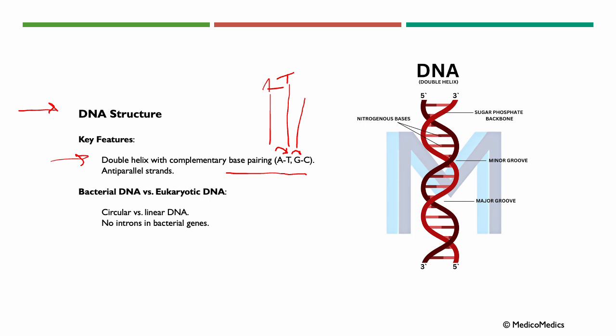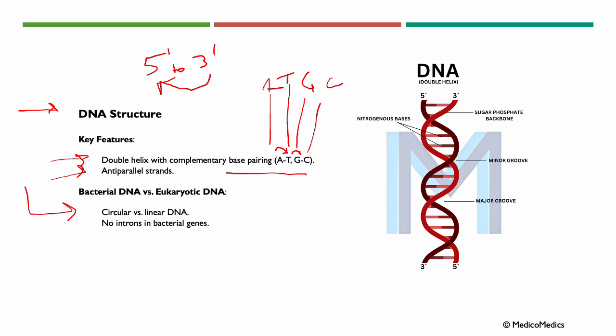You have G for guanine and C for cytosine. Now, these strands are anti-parallel, meaning they run in opposite directions. So one strand is oriented 5 to 3, while the complementary strand runs from 3 to 5.